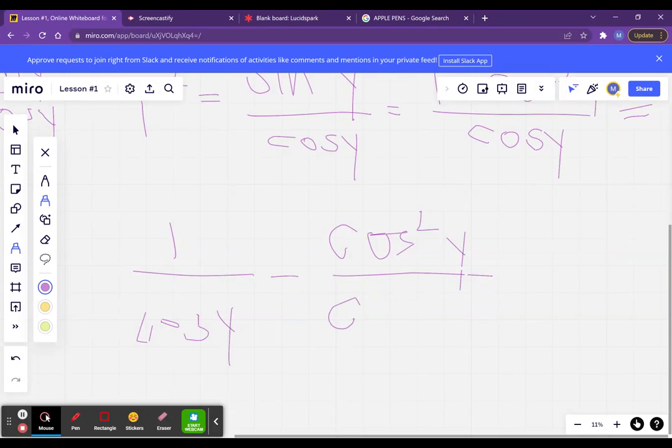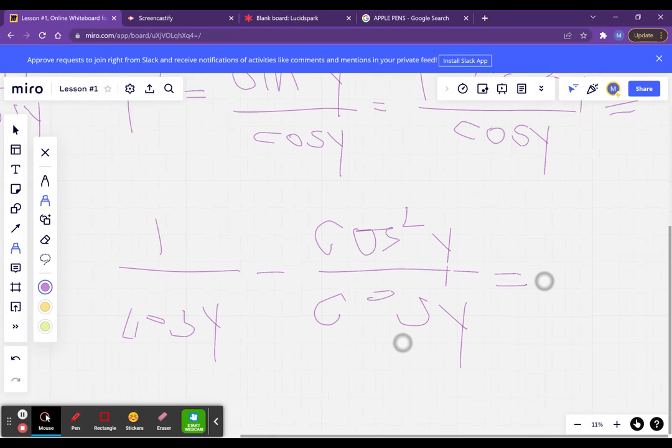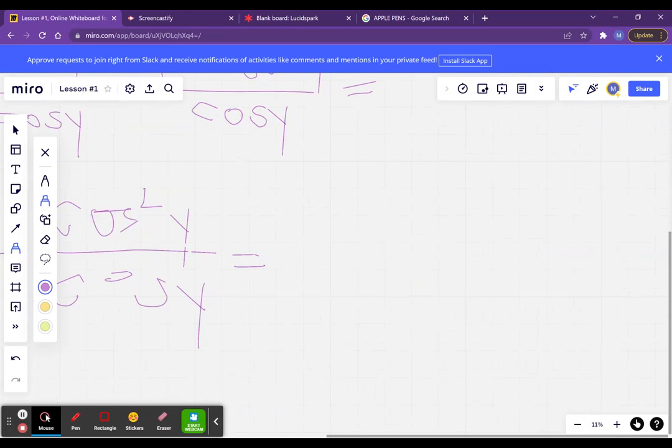The reason we were able to do this is because the numerator was 1 minus cosine squared y, and we were able to split it up. Now we know that 1 over cosine y is equal to secant y. And this is being subtracted from cosine squared y over cosine y, which is the same thing as just cosine y.